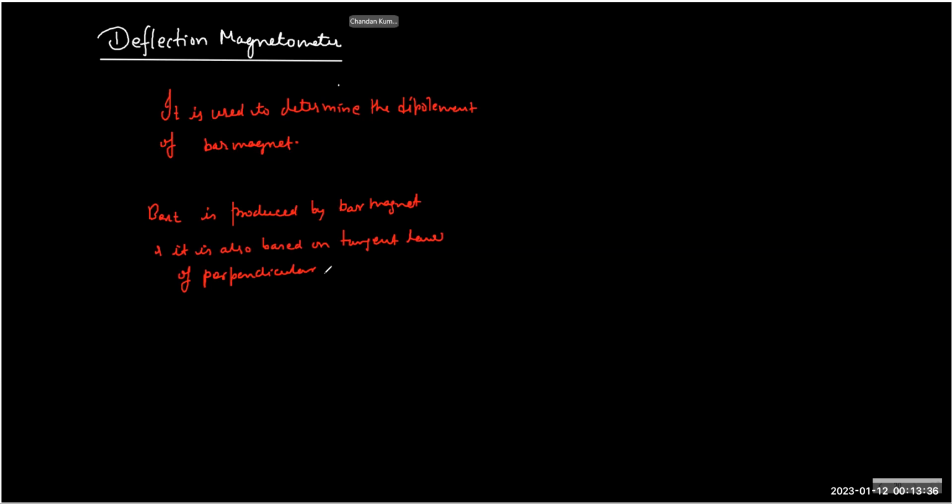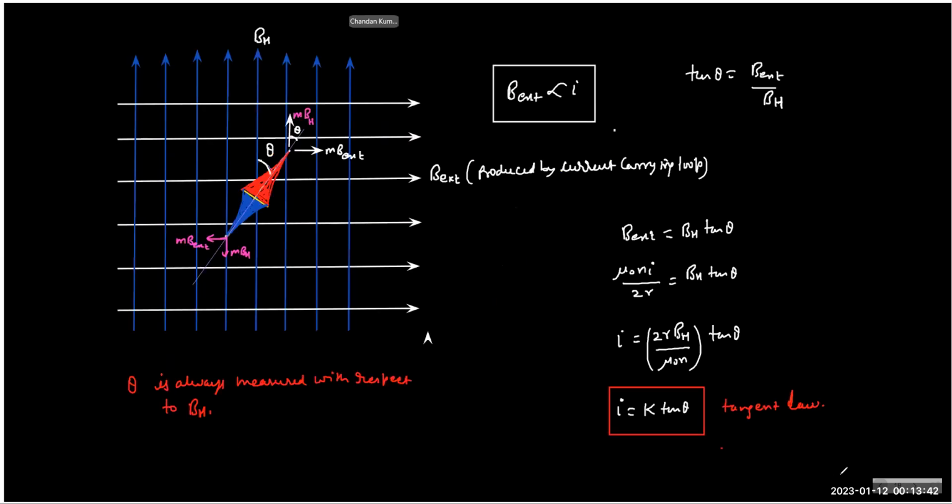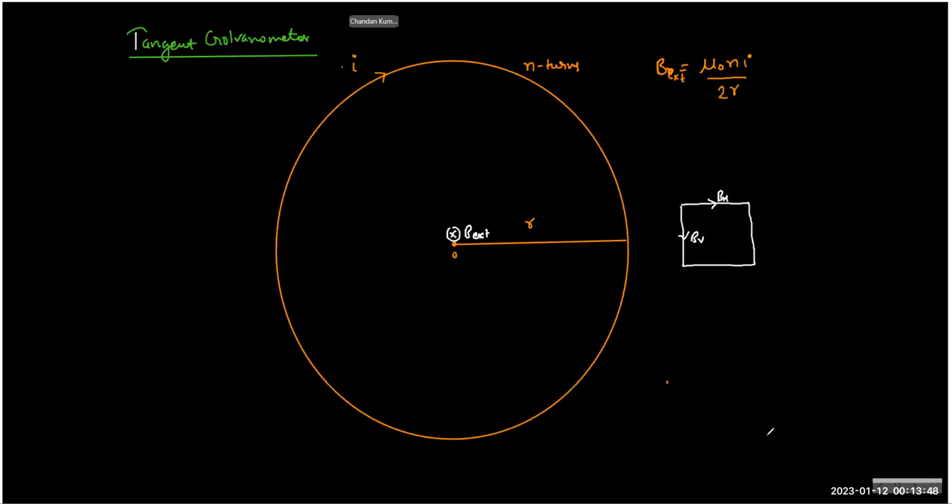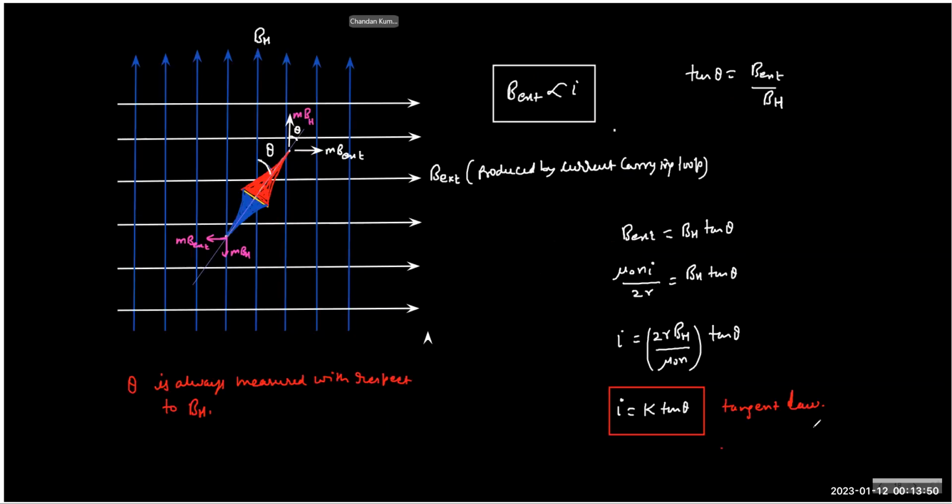I should have mentioned this extra suffix. So here, when we are deriving this formula, we took intentionally the two fields mutually perpendicular. So that's why this is called tangent law.